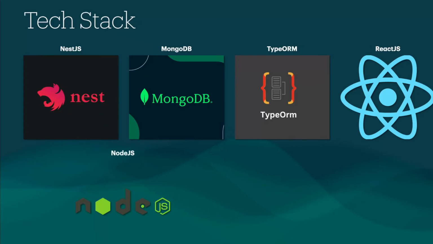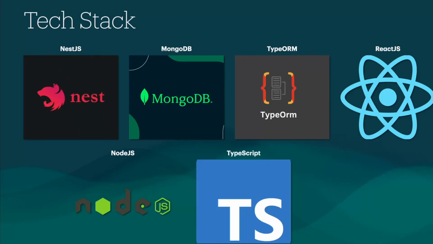Node.js is already covered in NestJS, since NestJS is a framework of Node.js, but I will tell you some more concepts of Node.js. So if you follow this series, you will also get to know Node.js in depth. Then of course we will be using TypeScript with NestJS.